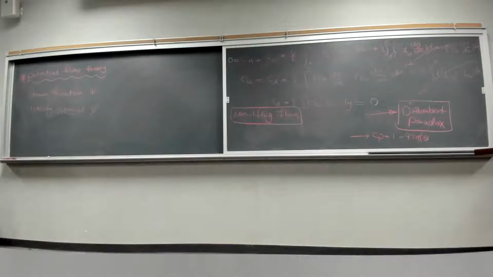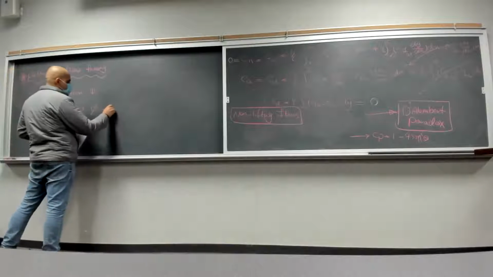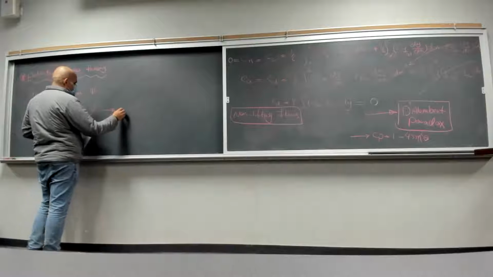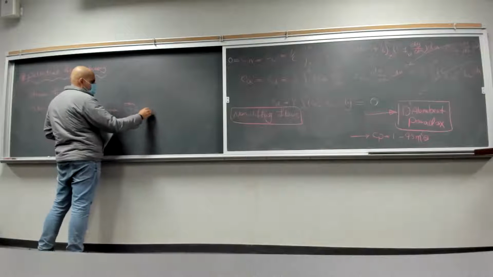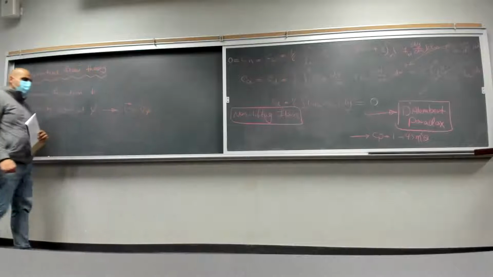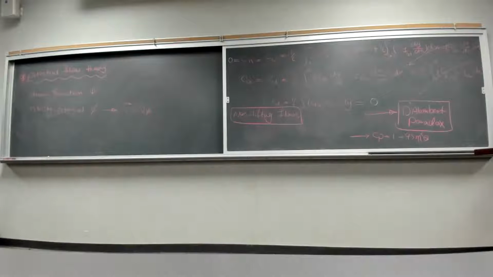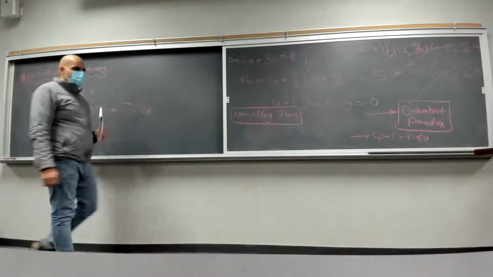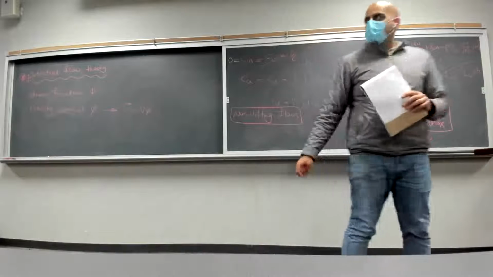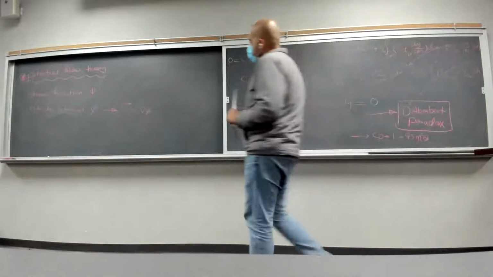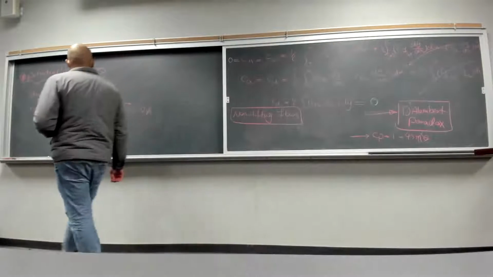We define the velocity potential as essentially this: the velocity distribution is going to be the gradient of the velocity potential. But how did we define the stream functions?